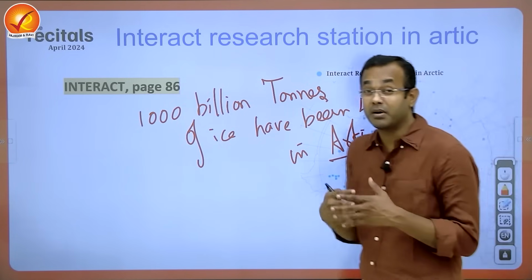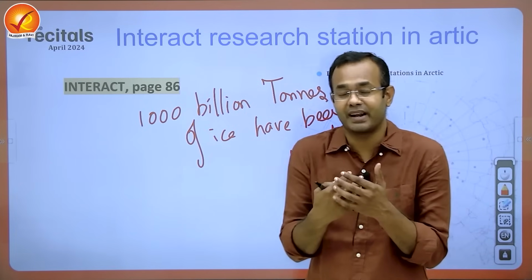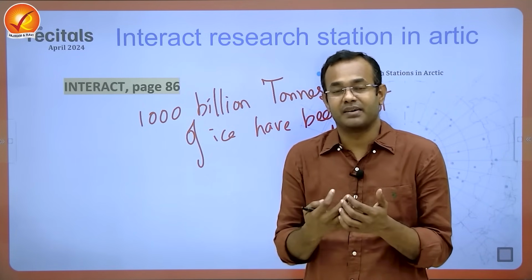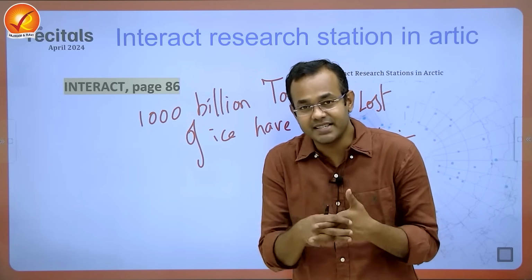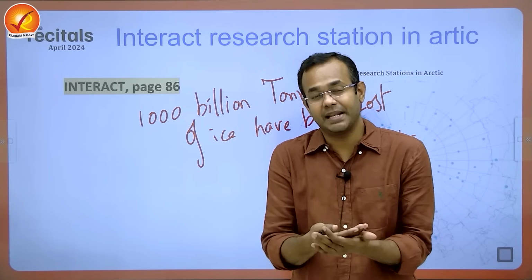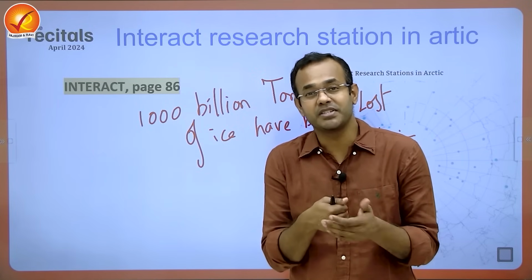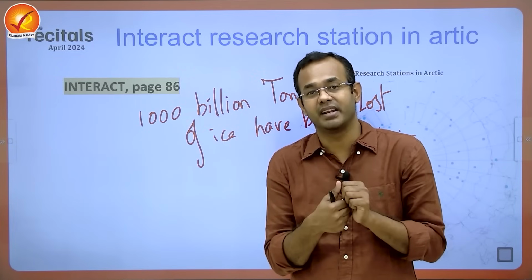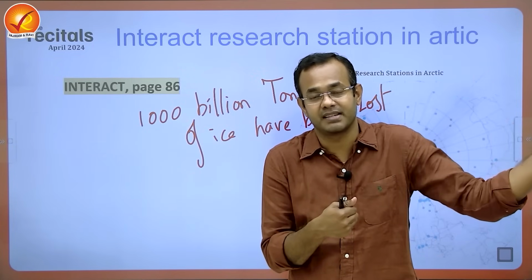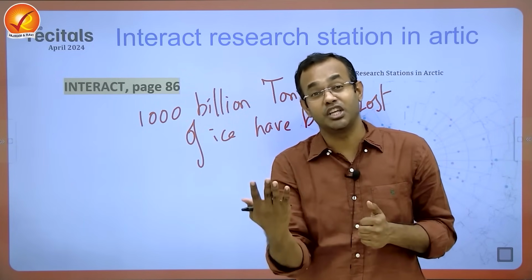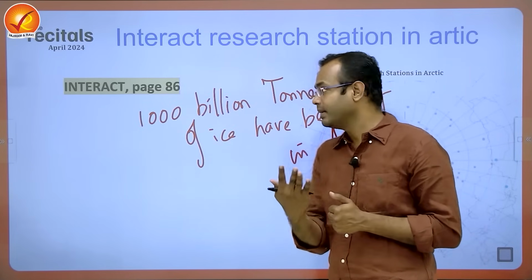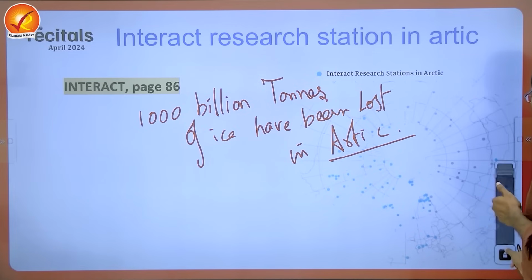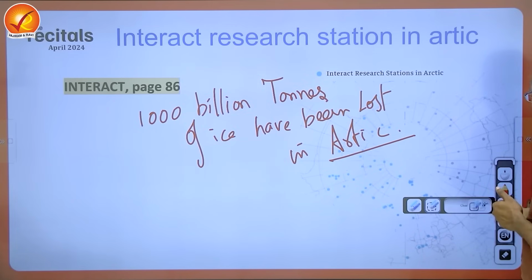And this has been a much major issue when it comes to international discussions on climate change. Second, when there is a large amount of melting of ice, this affects the weather pattern of countries, especially in the North Canadian regions and United States of America's Alaska part and the North European regions. These countries' weather patterns are radically affected because of the melting of sea ice in Arctic regions.